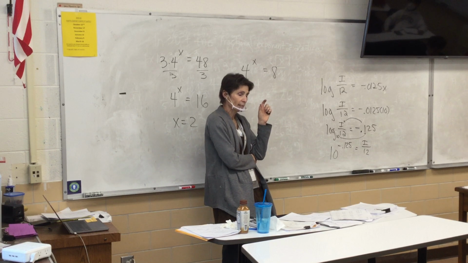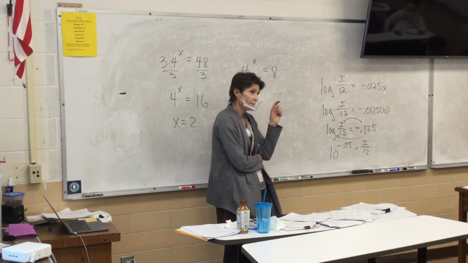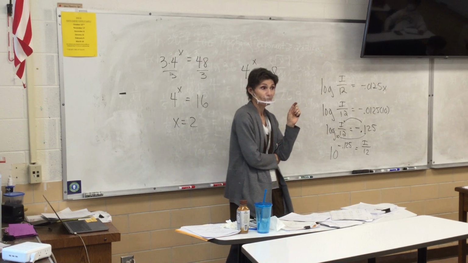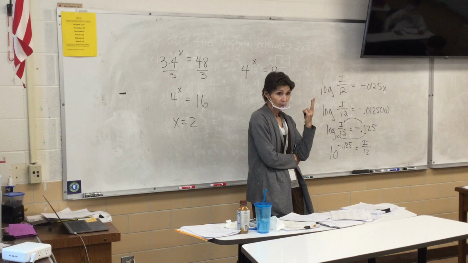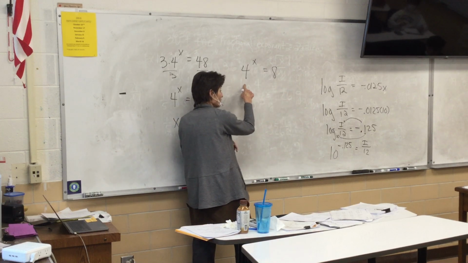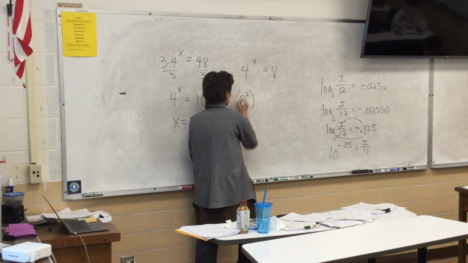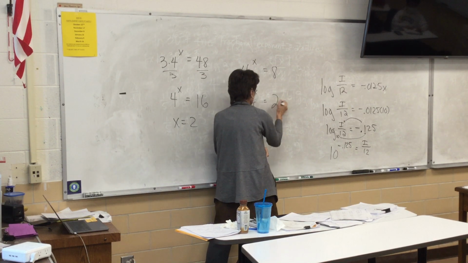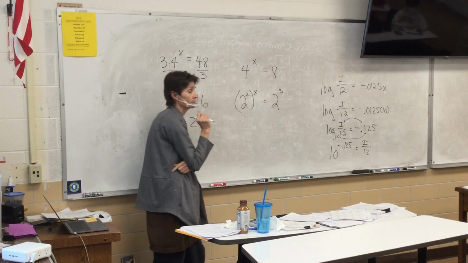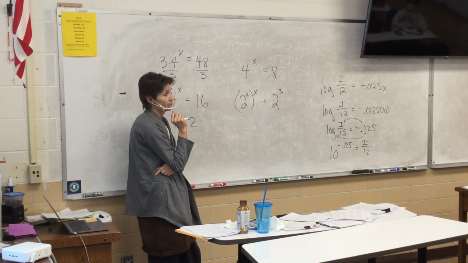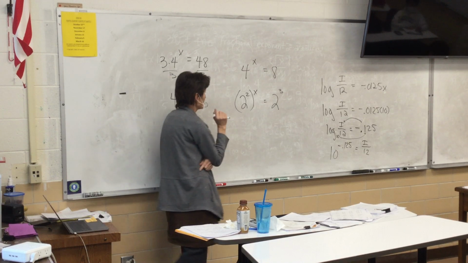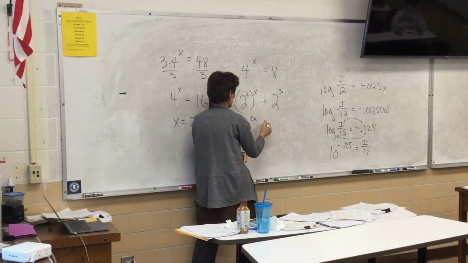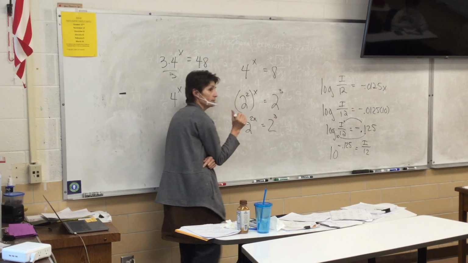They're very closely related, because 4 and 8 can both be written as powers of 2. So let's take our 4 and think of it as 2 squared, and our 8 as 2 cubed. These get multiplied, right? So 2 to the 2x equals 2 cubed.